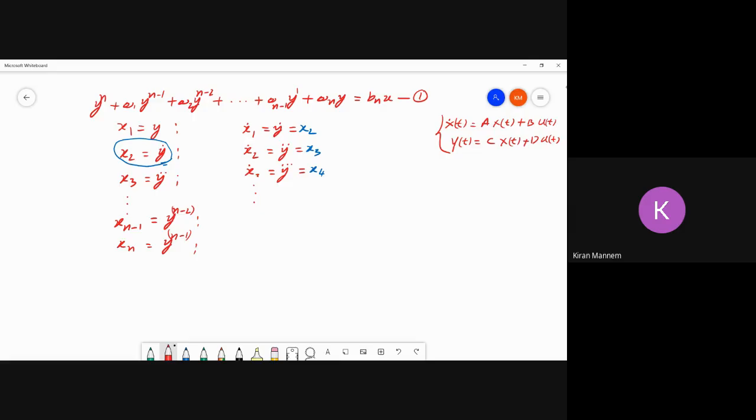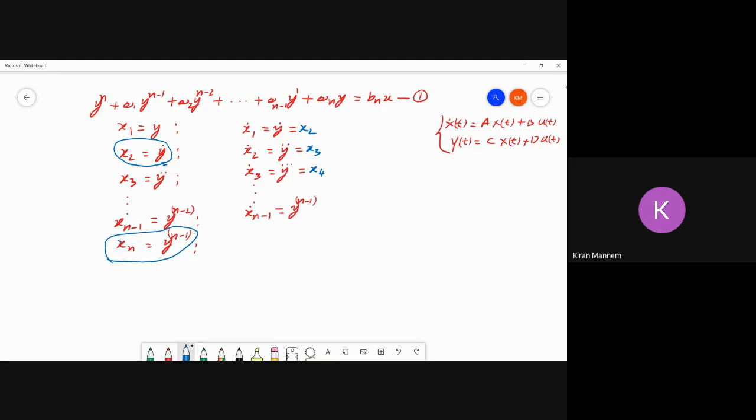And what is x dot n minus 1, which is equal to y to the power of n minus 1. What is this? This is your last state variable, right?